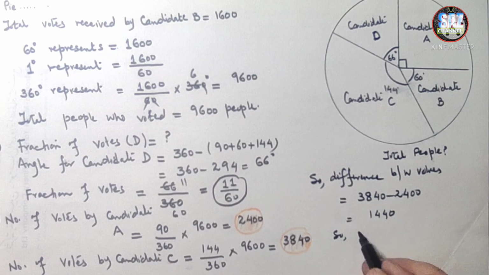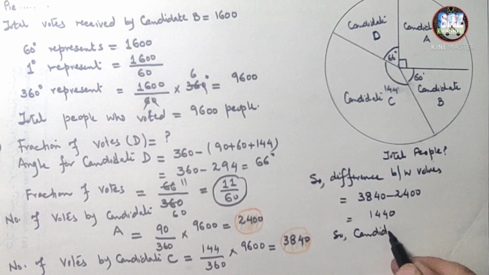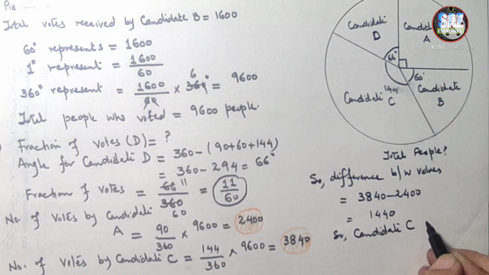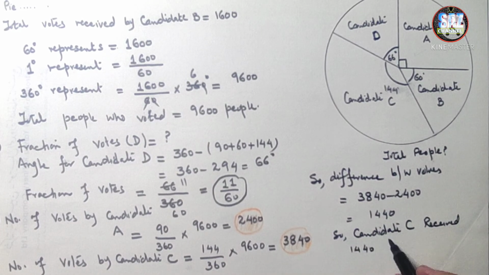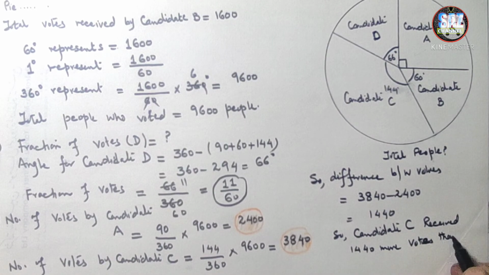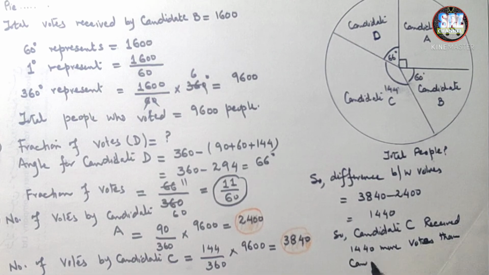So candidate C received 1440 more votes than candidate A.